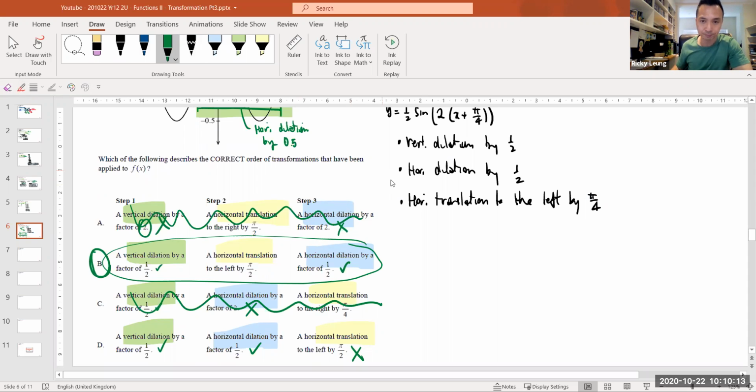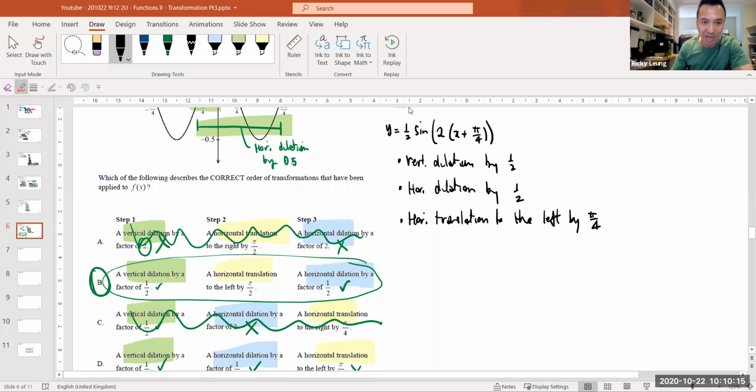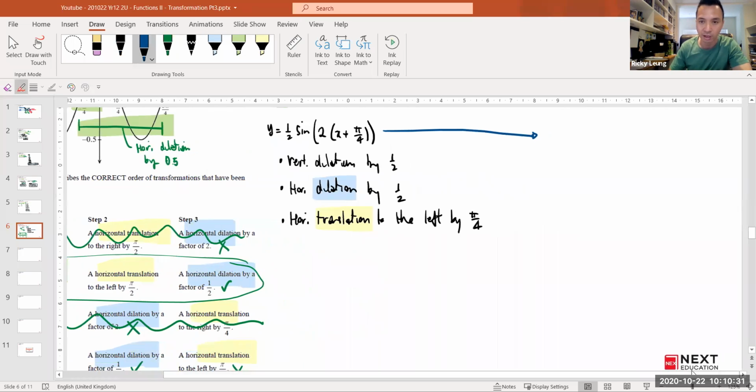If I change the order, if I wanted to translate before I dilate, this is what it'll look like. This is why it makes sense. If I translate before I dilate, you are effectively expanding this bracket inside the sine and having 2x plus 2 times pi on 4, that's pi on 2. So if I translate first and dilate, it's still vertically dilating by a half.